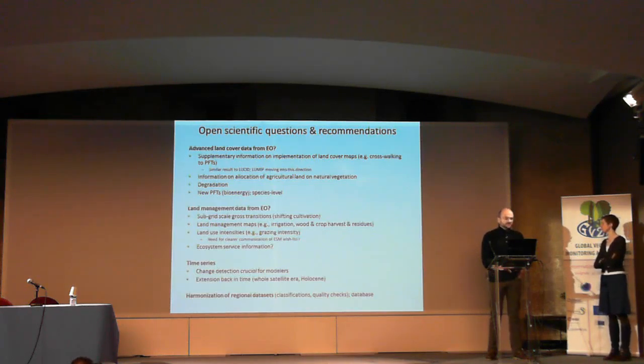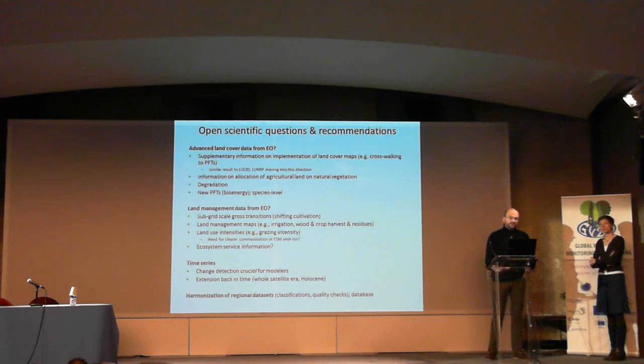Of course, there are as well initiatives to go back in time. For instance, Pierre Defourny announced this, at least informally, during this week: the ESA land cover CCI Phase 2 will start in March. And one of the objectives in Phase 2 is to produce other global land cover maps going back to the 90s.